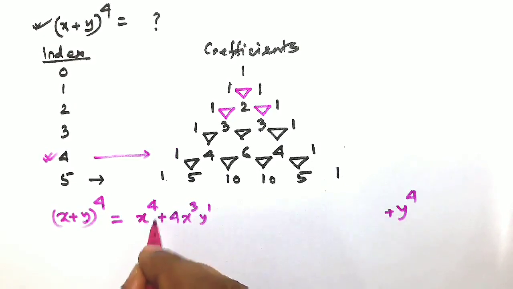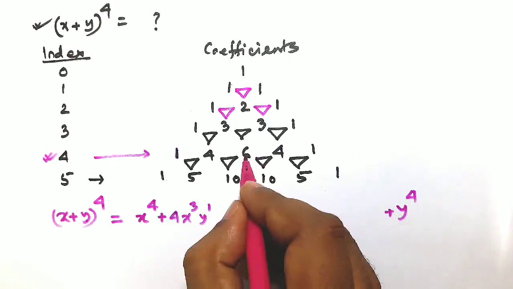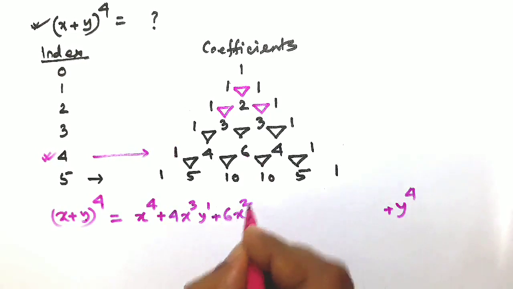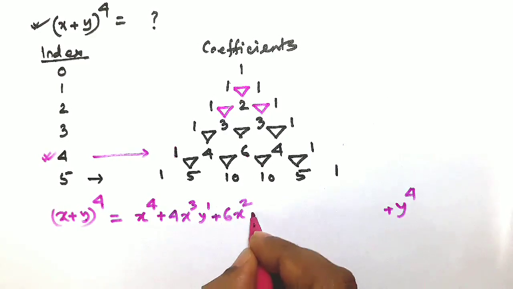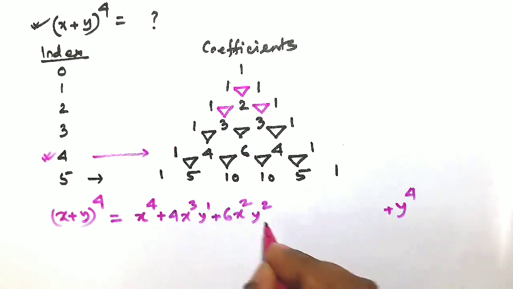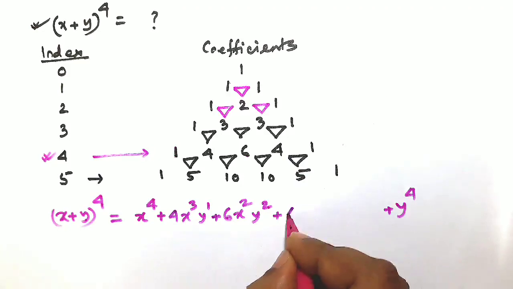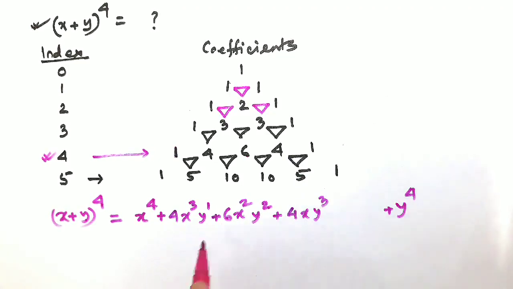In the first term y to the power 0, and here y to the power 1. Next coefficient is 6, so we write 6x^2 y^2. Next coefficient is 4, so write 4x y^3.